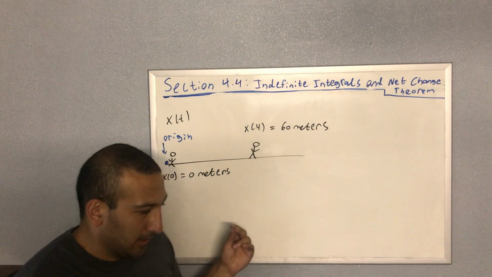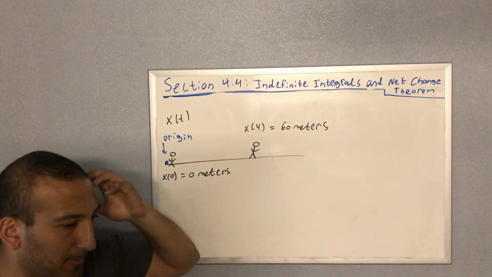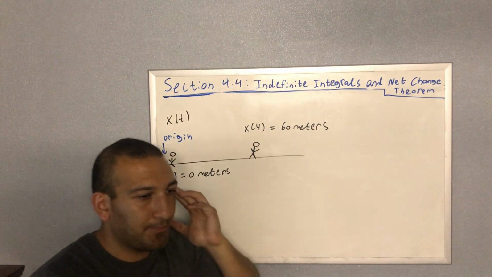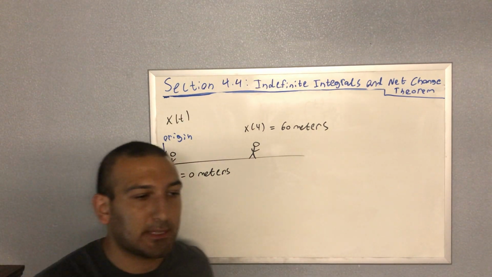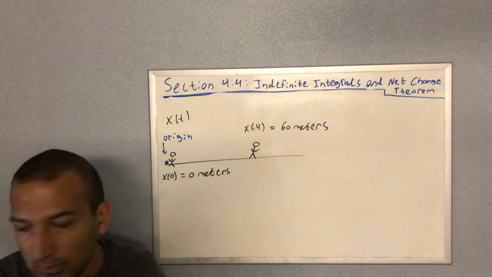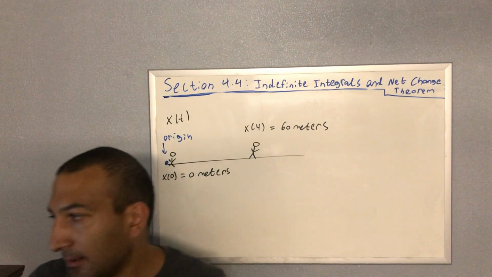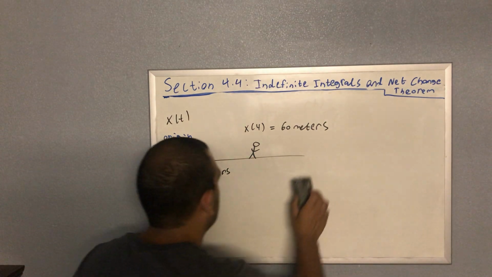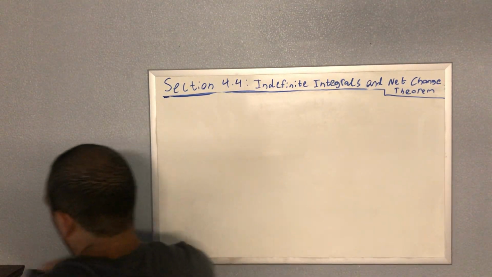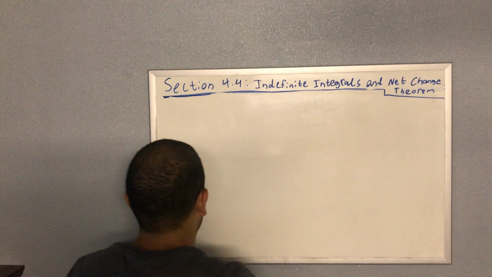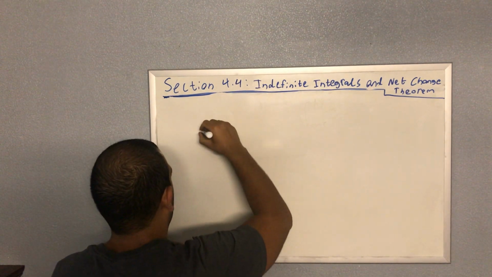Now, this example is good, but it doesn't take into account the fact that you can have a negative velocity and what that means. So let's say instead of this runner, you again have an origin, but let's say this is the origin.